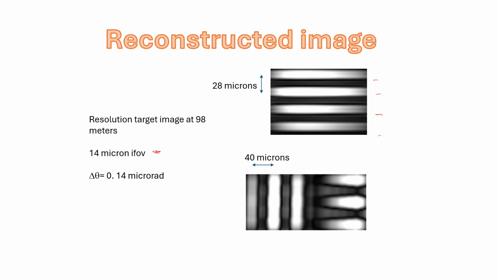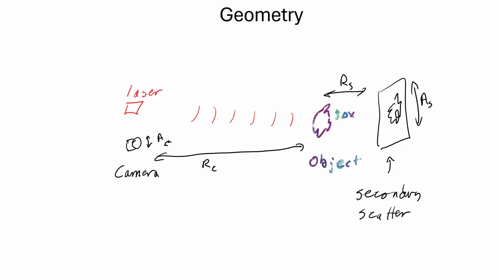So what we've done here is create a remote aperture, so that we have the aperture of the telescope here, but the telescope is some distance away, in this case 100 meters. And then we have the aperture of the scatter, which is basically the same aperture as the camera, somewhere around a quarter meter. But the scatter is much closer to the object, somewhere around a meter.